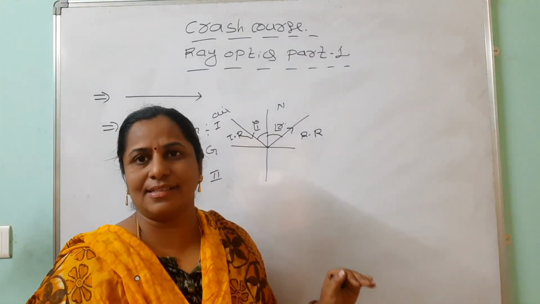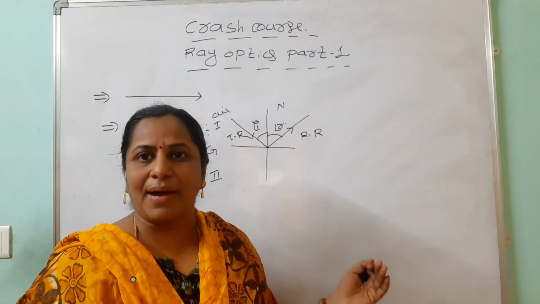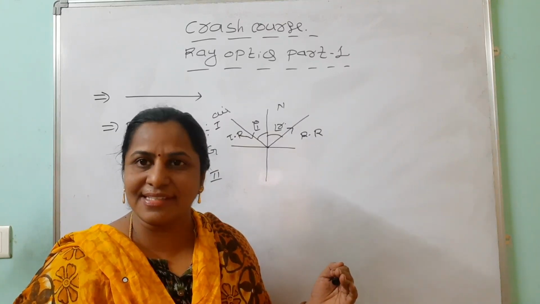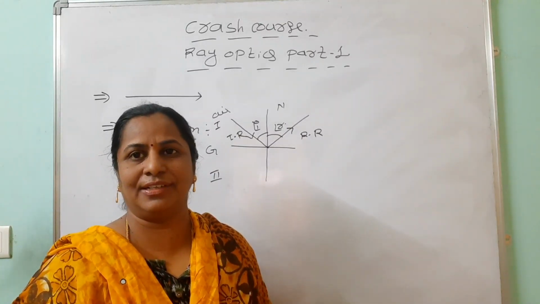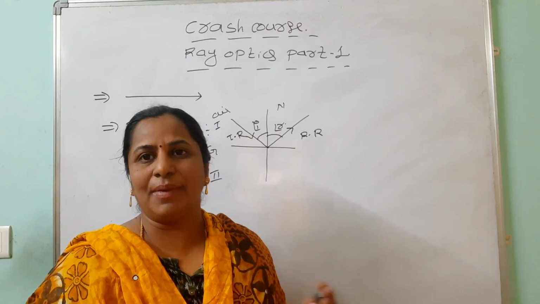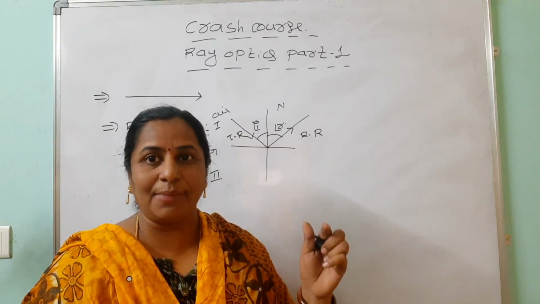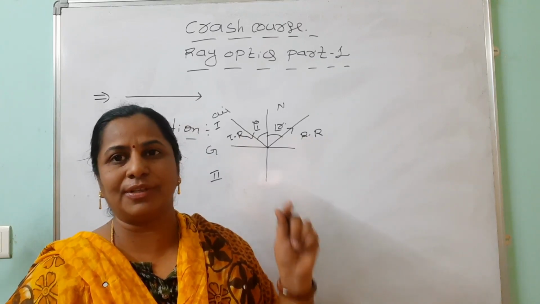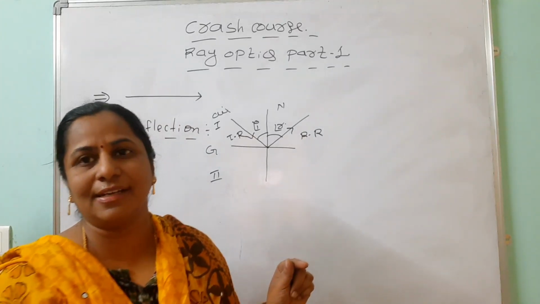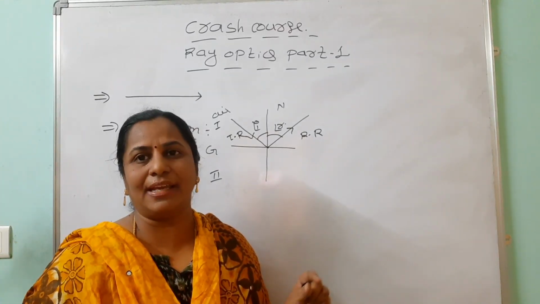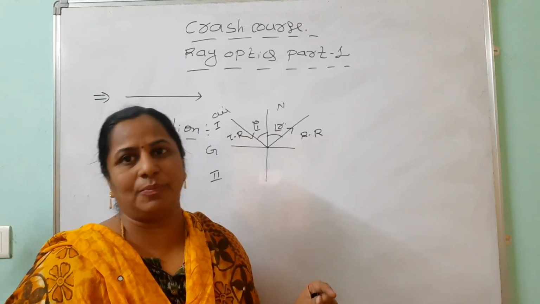When light falls on the surface of two media, a part of the light comes back into the same medium. That is called reflection. In our daily life, because of reflection only we can see our image. Even in a diamond, total internal reflection is one of the reasons for its properties. So reflection plays an important role in seeing objects.